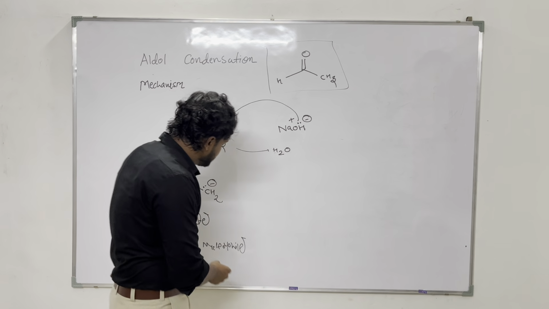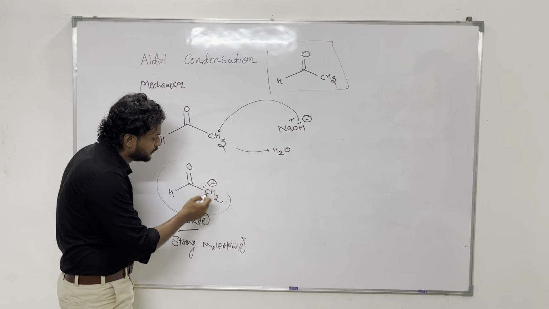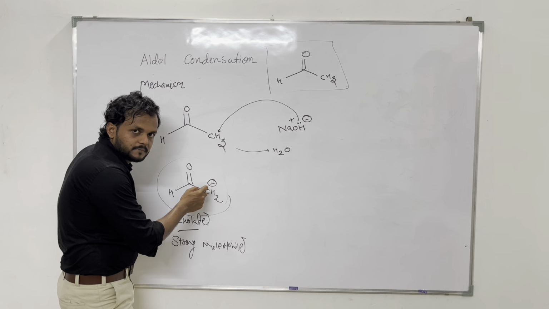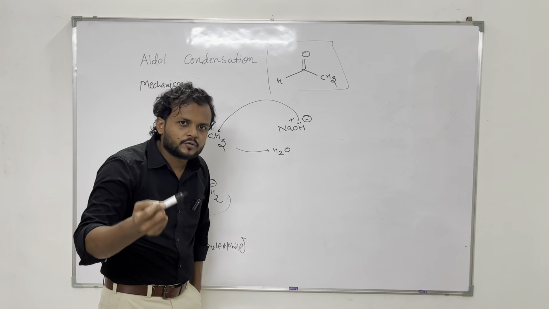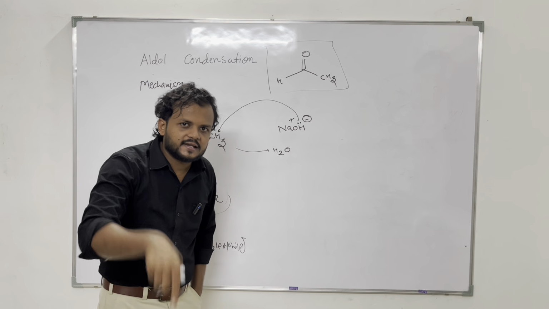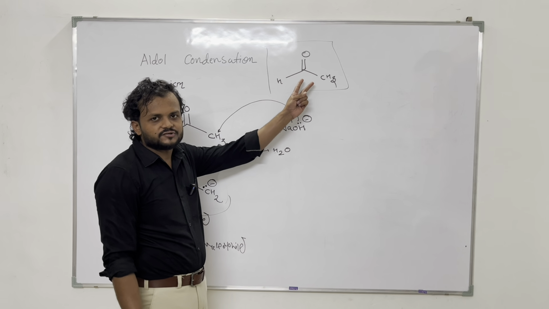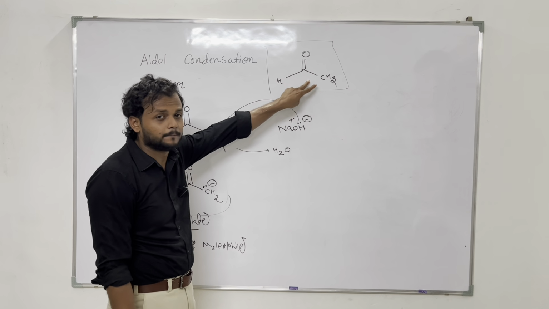Now this enolate is a nucleophile. It has a lone pair, and this nucleophile is going to attack the electrophile. Now tell me, which electrophilic site is present in this aldehyde, in this carbonyl compound?